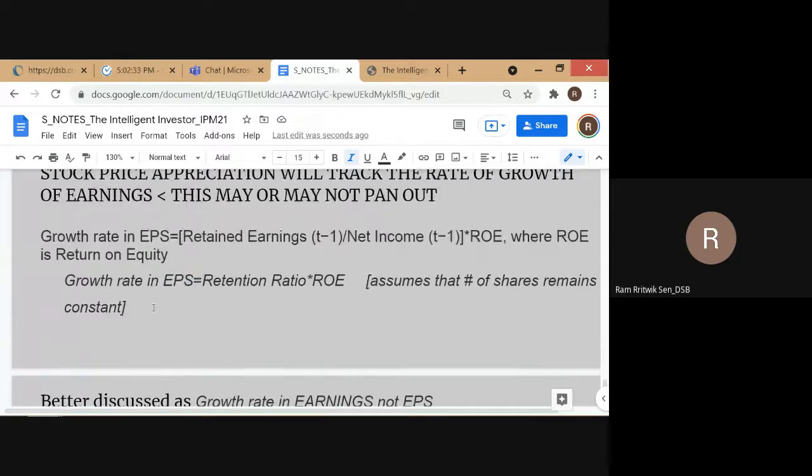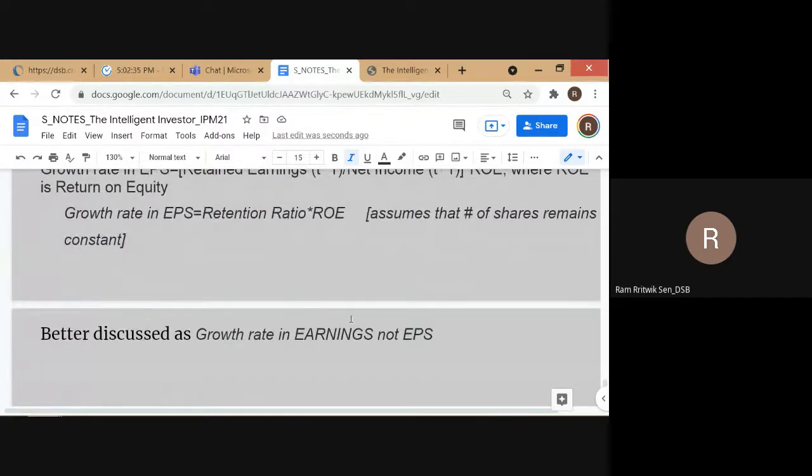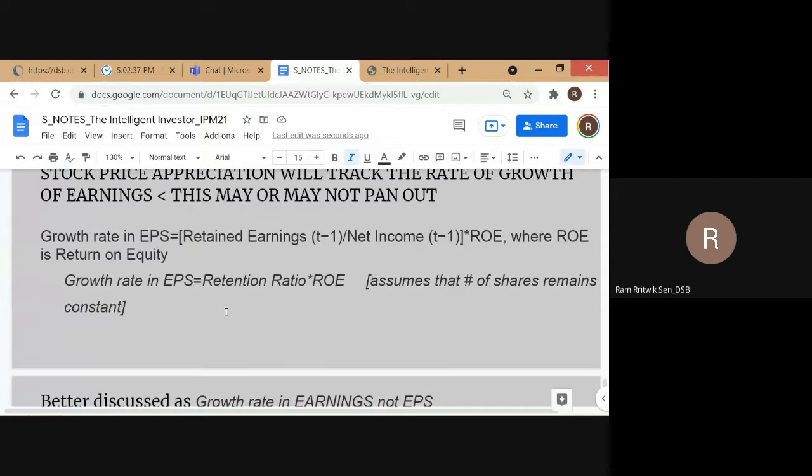I like to talk in terms of earnings, okay, total earnings, not EPS, because the EPS is affected by the number of shares outstanding. And if you have stock buybacks, rights issues, all kinds of transactions, these are all primary market transactions. All of these can affect the total number of shares outstanding.